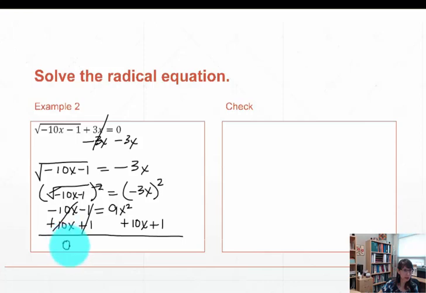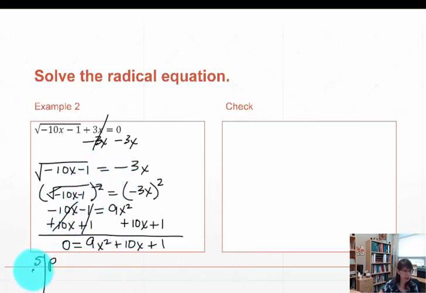We now have 0 equals our quadratic equation. Now let's be sure to write these terms in the proper order, from the highest degree down to the lowest degree. So now we have 9x squared plus 10x plus 1 on the right-hand side of the equation. So now it looks like we'll have to use our sum and product table to factor.